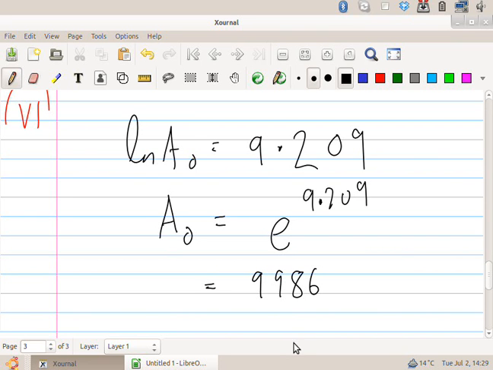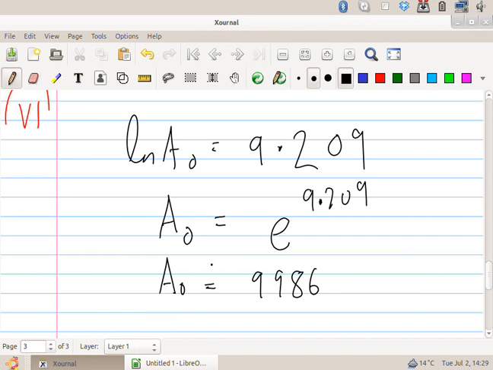Okay. Now that's the A0. But actually, sorry, I misread it. Yeah, that's the activity, the initial activity. But he wants the initial number of nuclei.